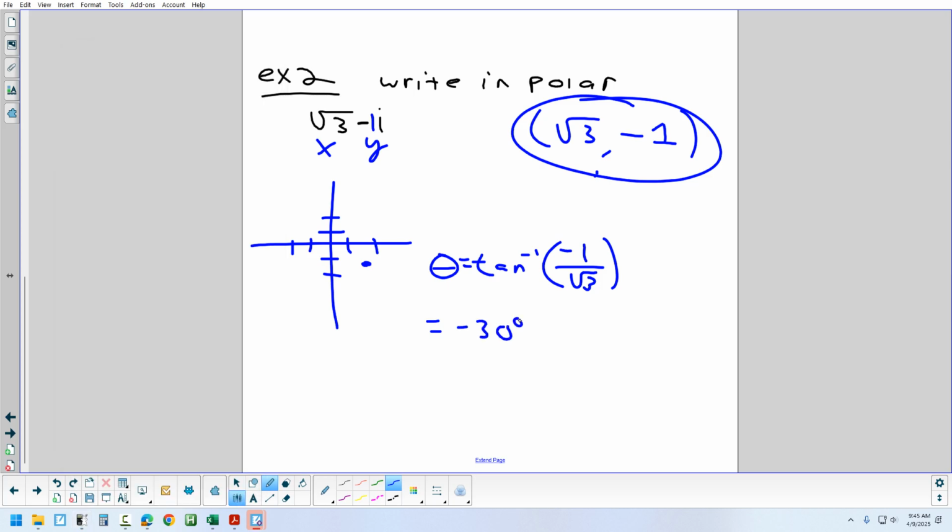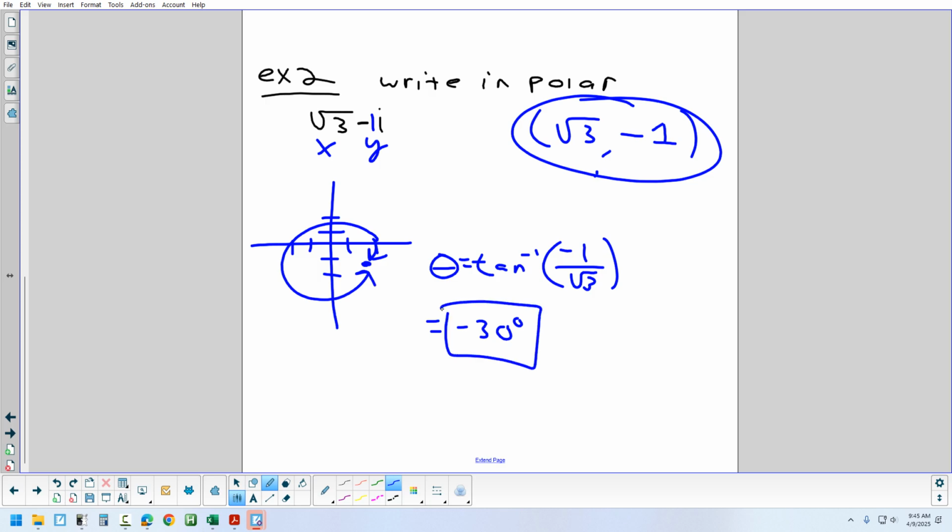Okay, negative 30 is going that way. How much would it be going the other way? 330. The directions here didn't say to use a negative or a positive angle, so we can use the negative, that's fine. But they may ask you to write it as a positive in the homework or on the test. But I'll leave that.